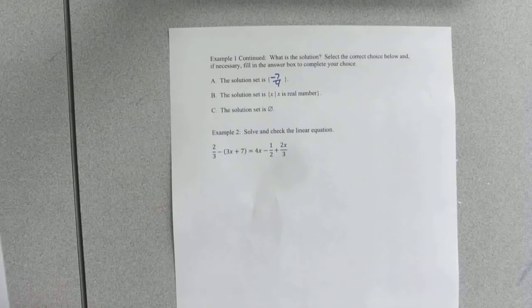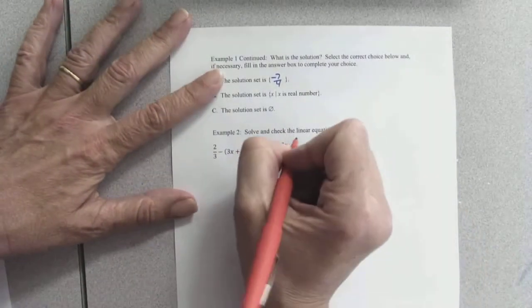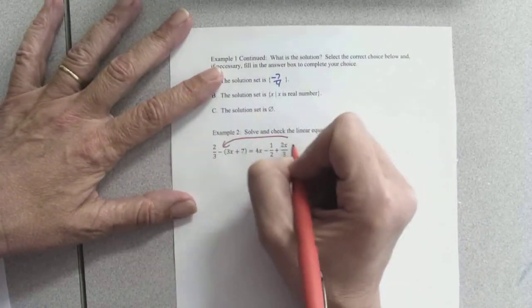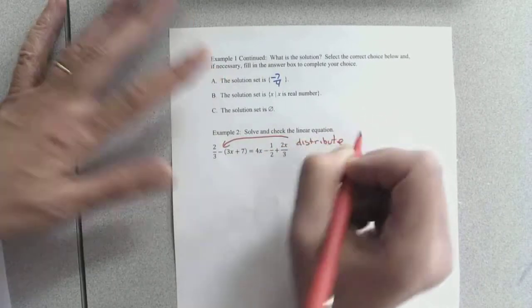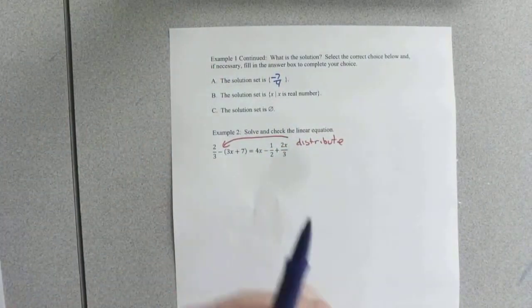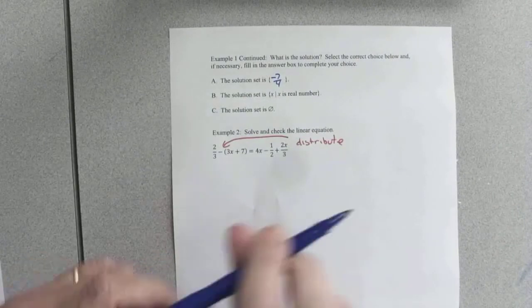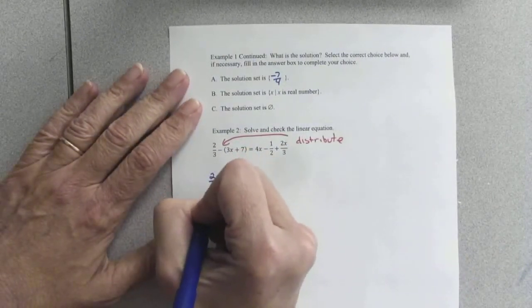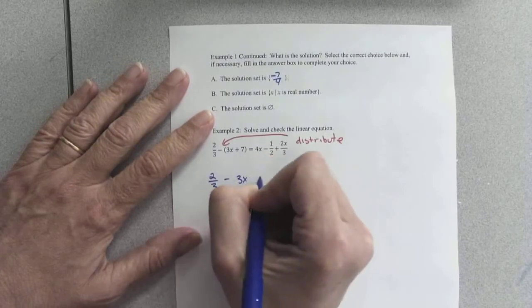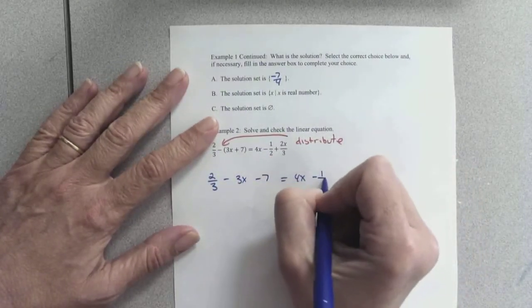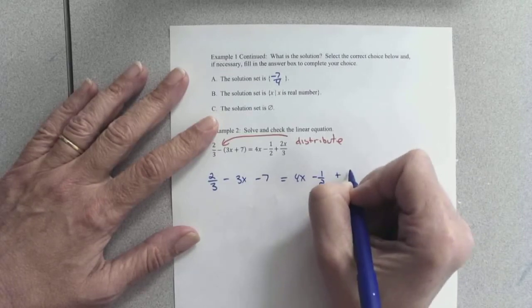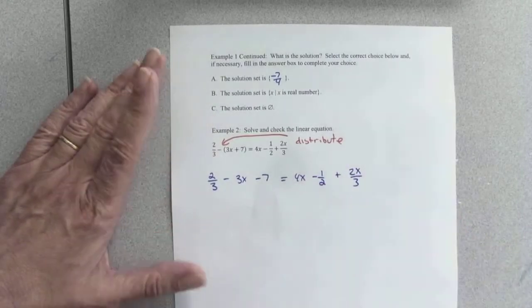But doing this problem here, following my basic steps, the first thing I'm going to do is distribute that minus sign. So this becomes 2/3 minus 3x minus 7 equals 4x minus 1/2 plus 2x over 3.